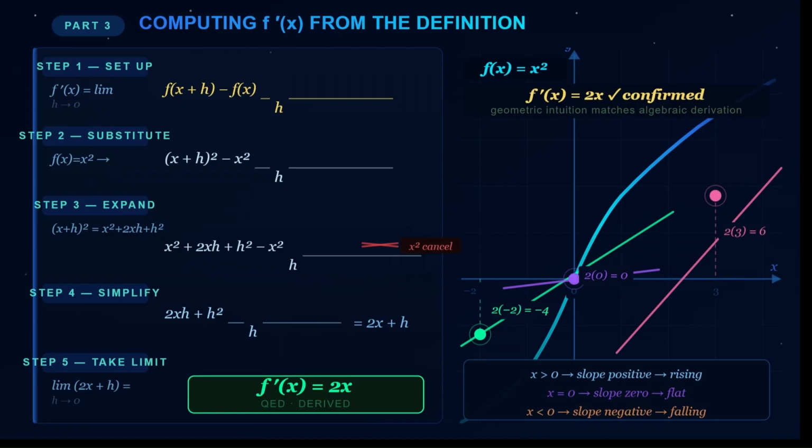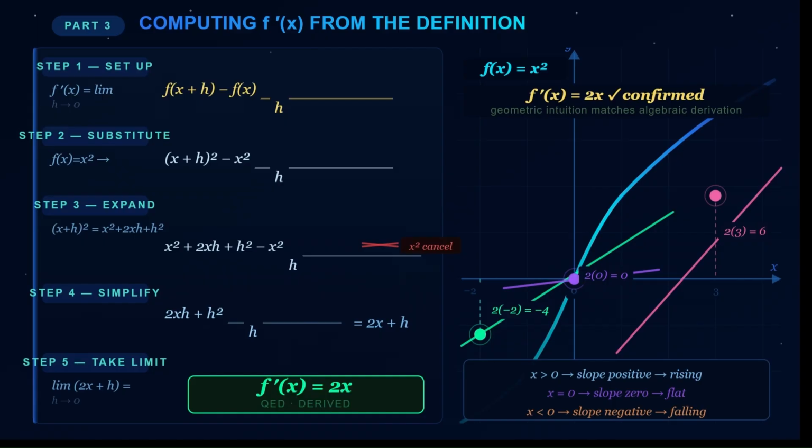Expanding the square, x plus h squared equals x squared plus 2xh plus h squared. So the numerator becomes x squared plus 2xh plus h squared minus x squared, which simplifies to 2xh plus h squared. Dividing by h, we get 2x plus h.